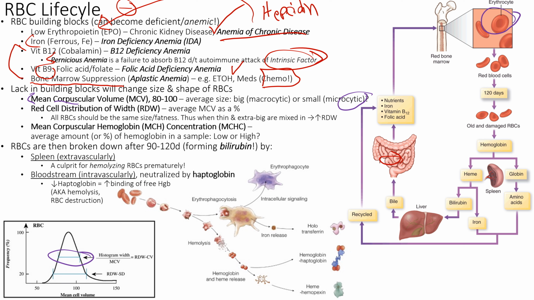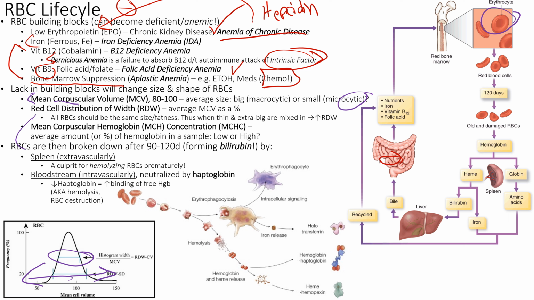But when we start pumping out fat RBCs or really small, microcytic RBCs, the variation is going to increase. So that's an increased RDW when you have variability. And that's not good. You want all your RBCs looking the same, because usually they function when they're all the same. Otherwise, they usually have an error in their production.